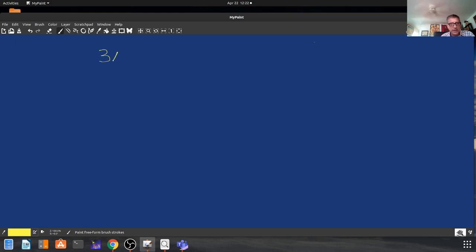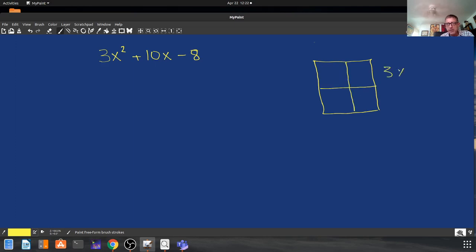So 3x squared plus 10x minus 8. Nice, our leading term is prime. That reduces our choices. Now, if only our constant term was prime, we could find it really fast one way or the other. But our constant term isn't prime. But I think we'll be okay.